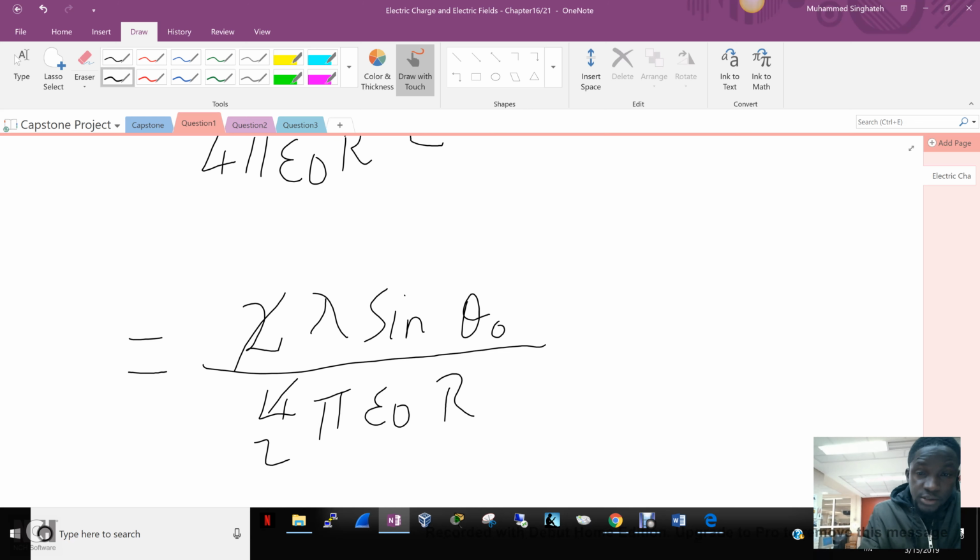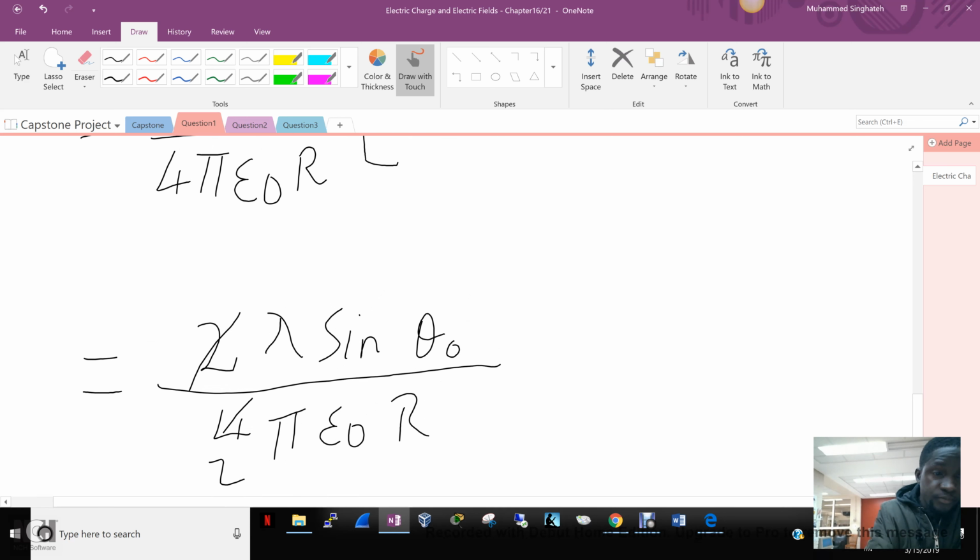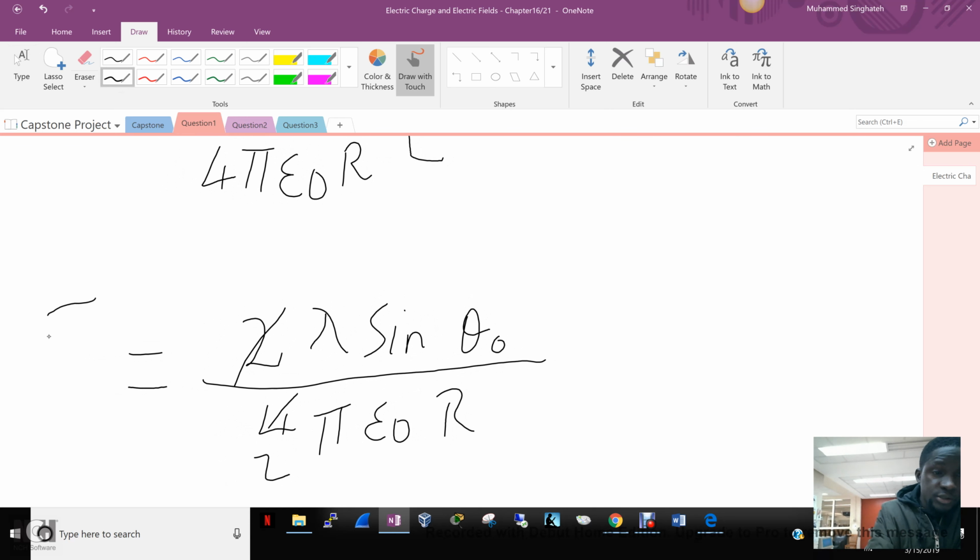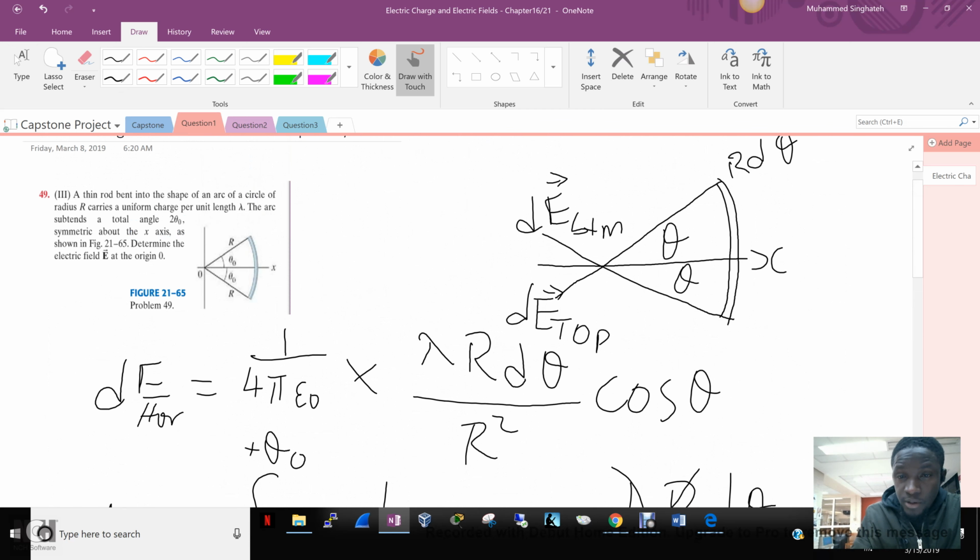Since we are solving for E, and this is E on the negative side of the x-axis, the electric field that we're solving for is going to be the opposite of that sign.